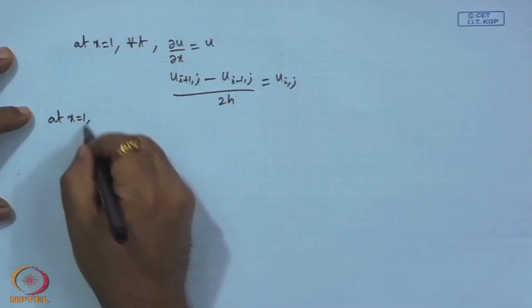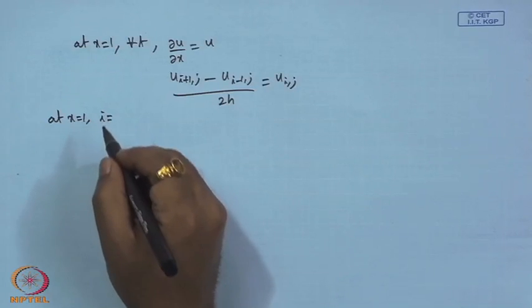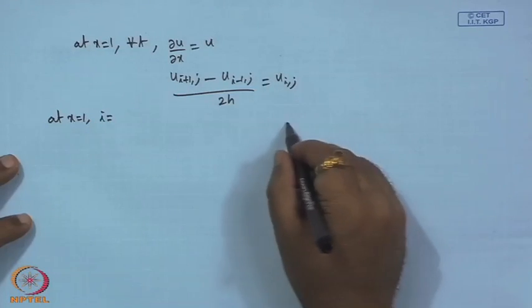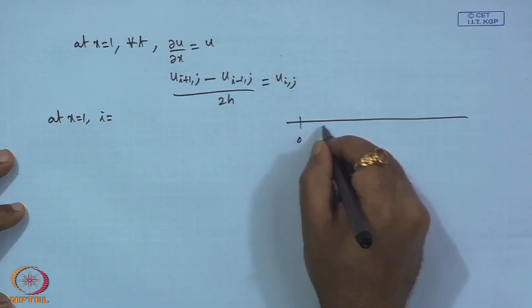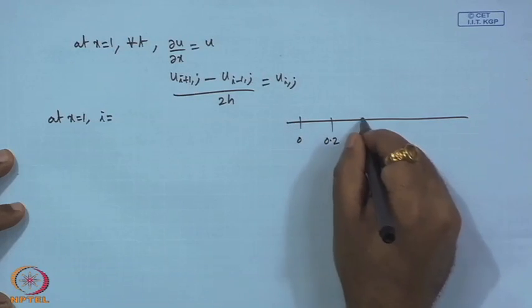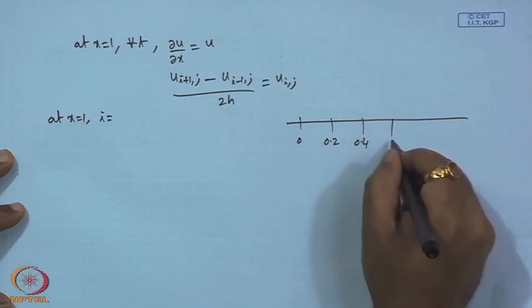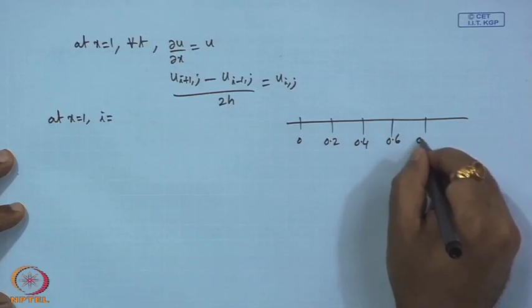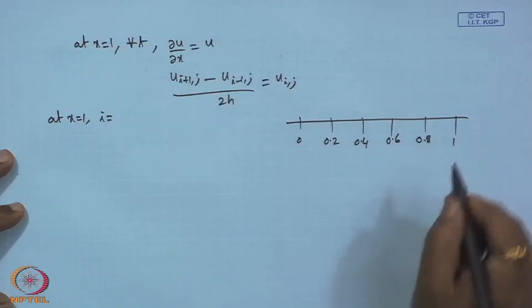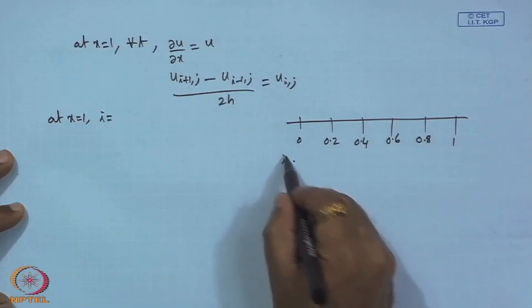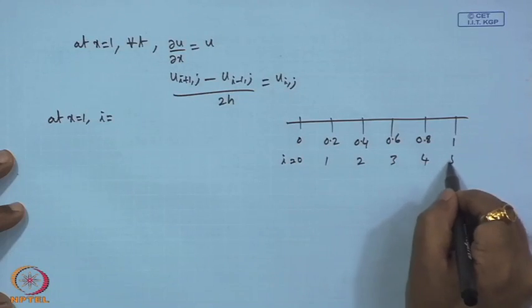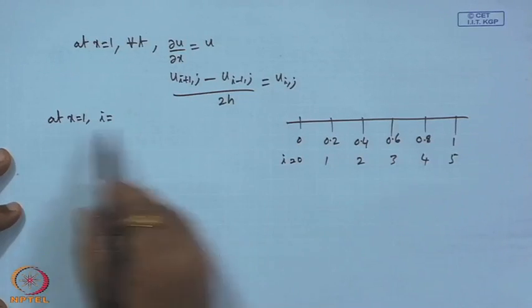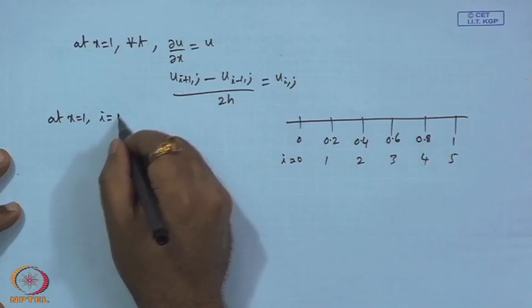Then at x equals 1, I is, let us have the grid because we need it. So, this is 0, 0.2, 0.4, 0.6, 0.8 and 1. So, this is I is 0, 1, 2, 3, 4, 5. So, at x equals 1, I is 5.